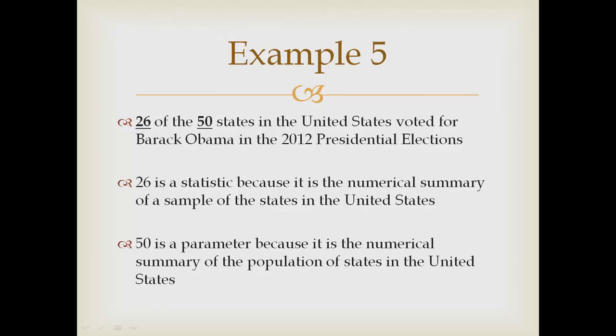In this case, we say that 50 states is a parameter because it is the entire United States, the numerical summary of the population of the states in the United States, while 26 is a statistic because it's a numerical summary of the sample of the states in the United States.